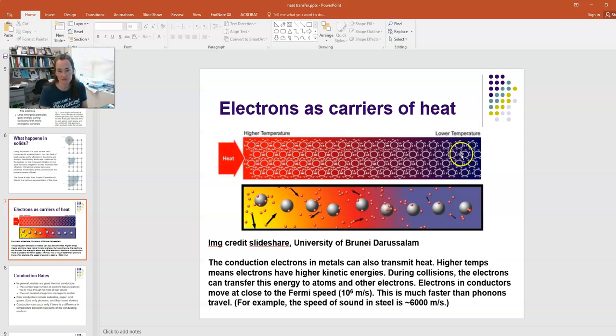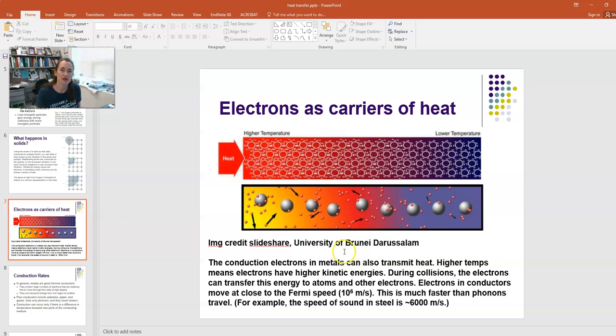If you envision a metal with a bunch of conduction electrons in it, then at a higher temperature, your conduction electrons are going to move faster than at a lower temperature. In a previous lecture on Fermi statistics, we discussed how even at absolute zero, your conduction electrons are moving pretty fast.